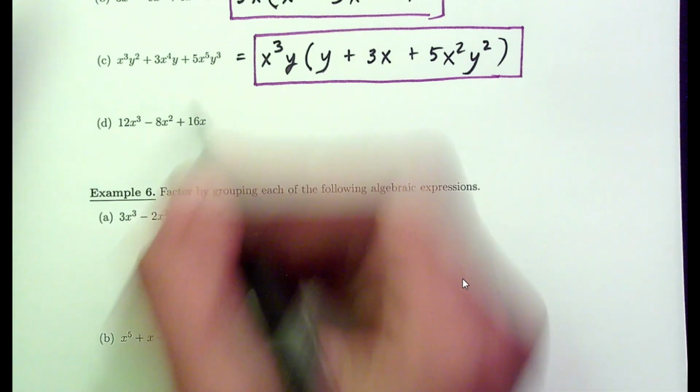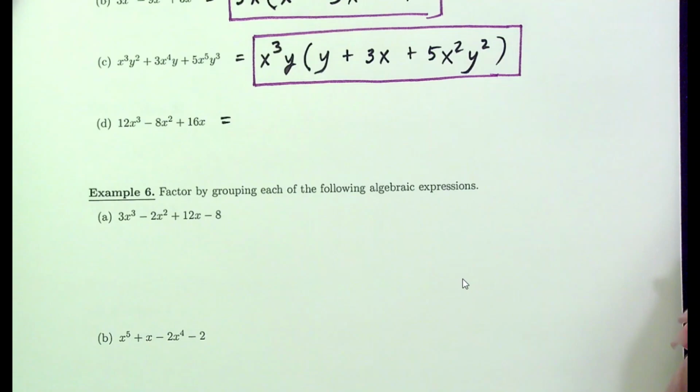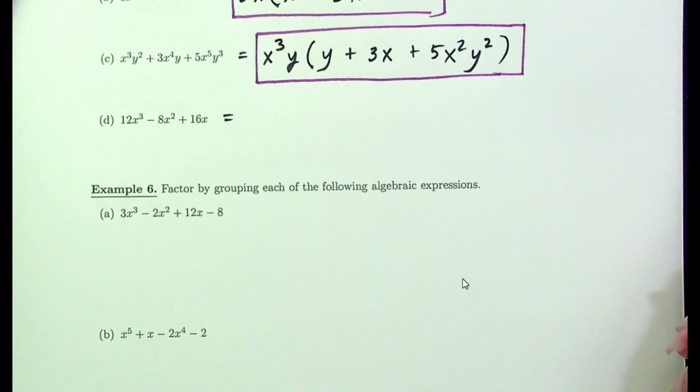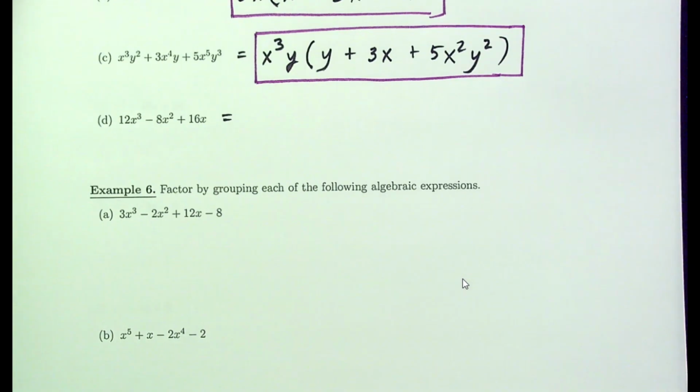Okay, let's compare notes. So the GCF for the coefficients 12, 8, and 16. Let's think. What is the largest factor that goes into all of them?